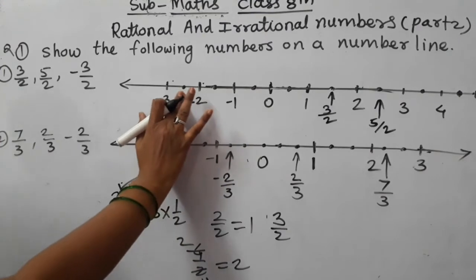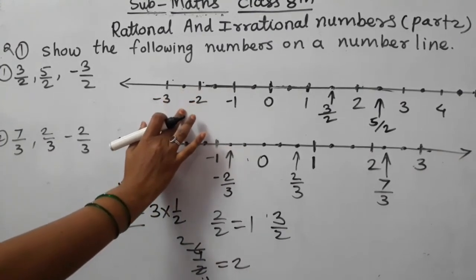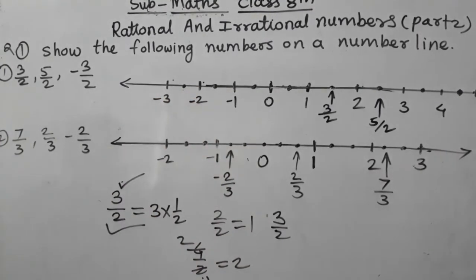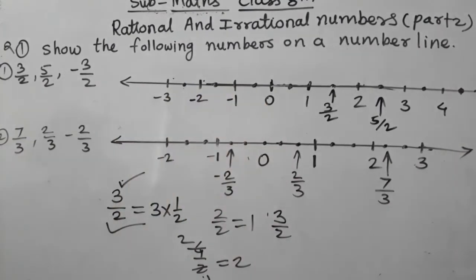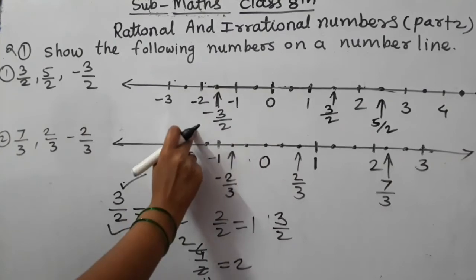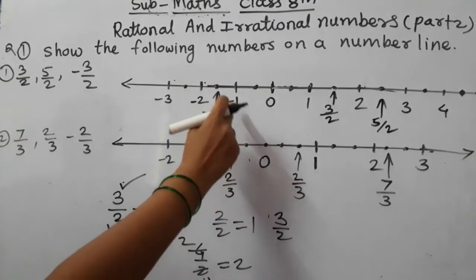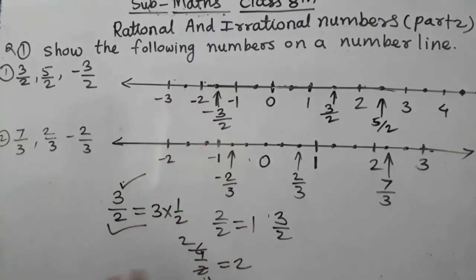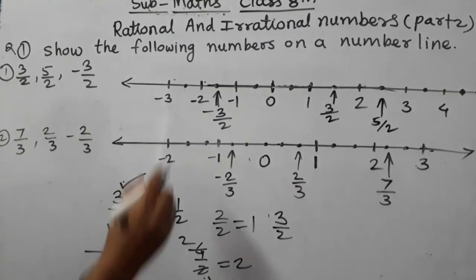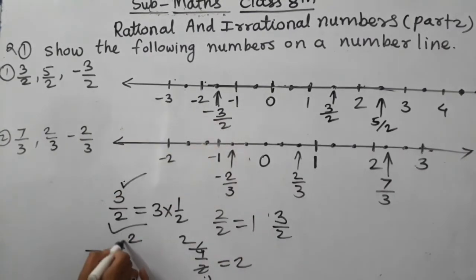Minus 3 by 2 is here. Minus 4 by 2 means 2 ones are 2, 2 twos are 4. It means minus 2 is the answer.